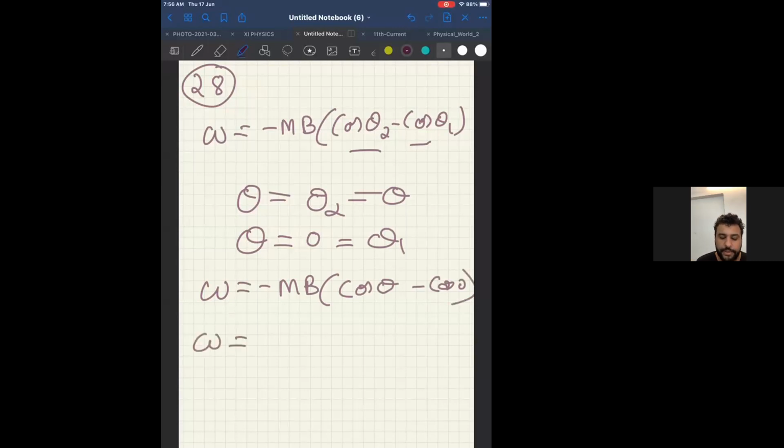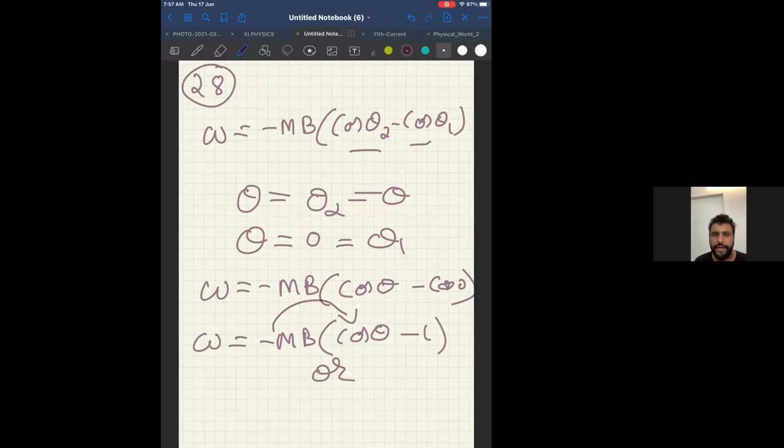So W is equal to minus MB cos theta minus 1. If I take the minus inside the bracket, it becomes MB 1 minus cos theta. Now check which option is matching. D.